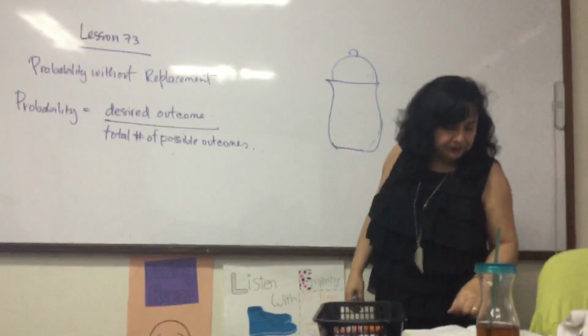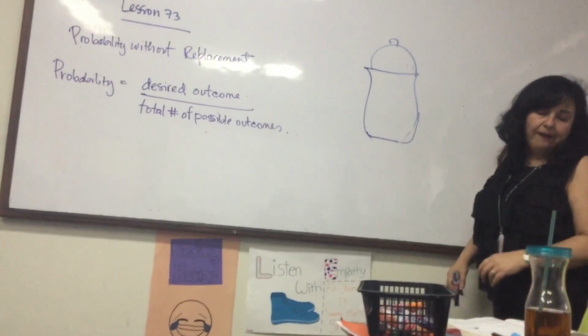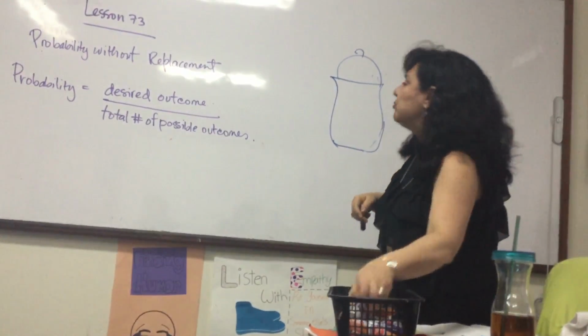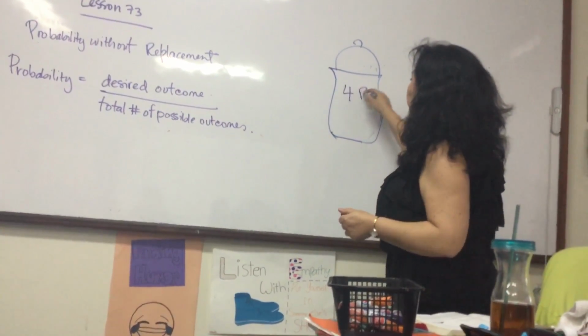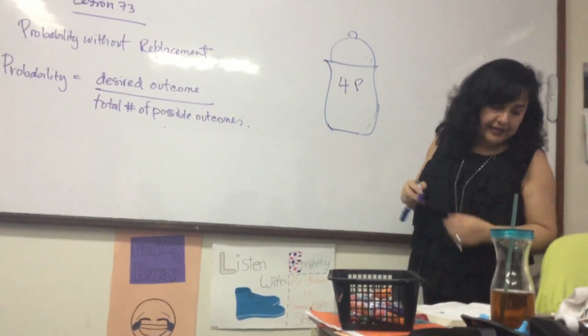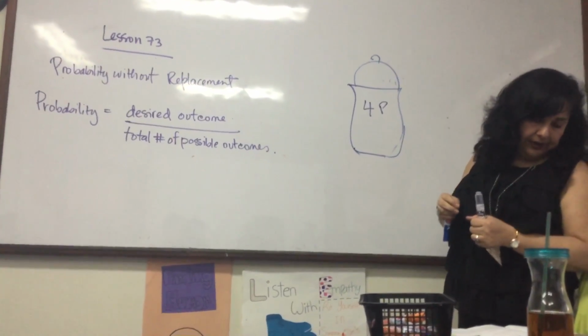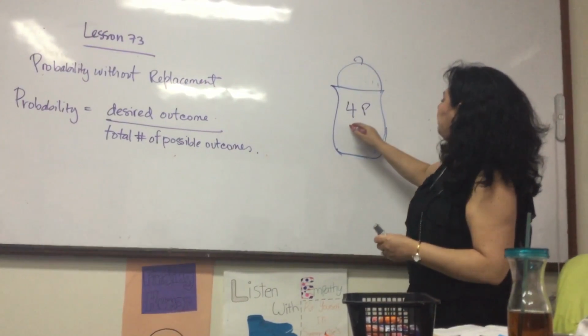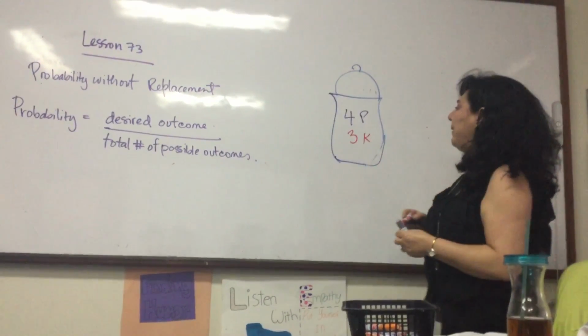An urn contains 4 purple marbles. So I'm going to write 4 purple marbles, and 3 pink. I'm going to put K for pink, okay?